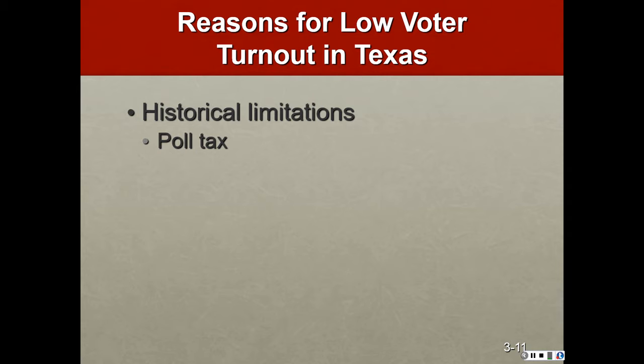It was forced upon us by the Northerners, by the radical Republicans in the Reconstruction Acts. So we charged the poll tax, and it might have been something like a quarter to vote. But when you're a farmer and you're only making $2 a week, can you really afford that? The poll tax limited a number of people.